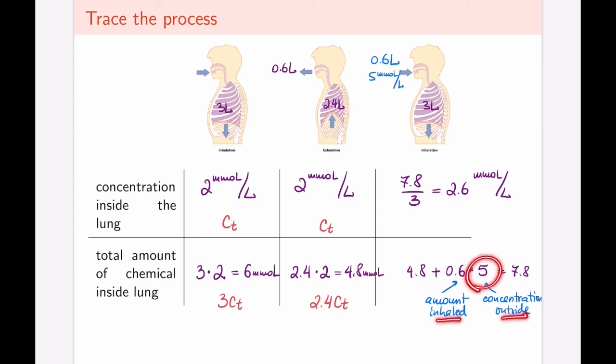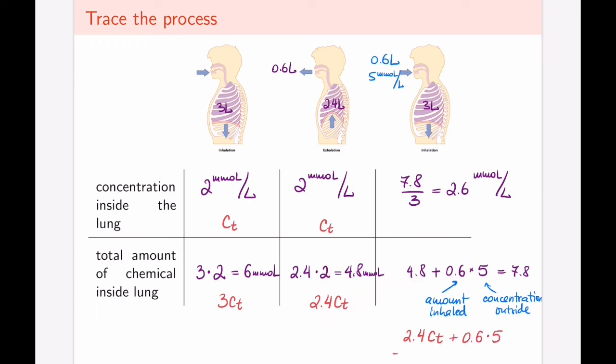We're going to assume that the outside air is well mixed and therefore the concentration of it will always be 5, as opposed to a much smaller inside the lung amount. So here we're going to get 2.4 C sub T, which for our first calculation simply corresponded to 4.8, plus the mixed outside concentration here.